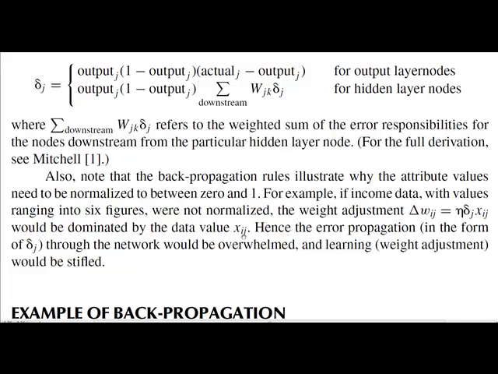Just because income is measured in, say, yen and can be a very large number, you'd get a very large change in wij. So we don't want that. We want to normalize income to be between 0 and 1. Hence the error propagation in the form of delta sub j through the network would be overwhelmed, and learning, that is weight adjustment, would be stifled.